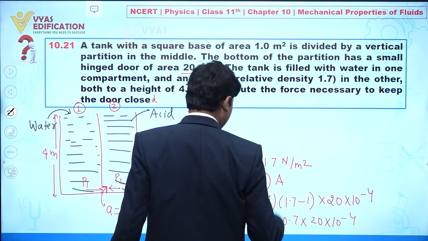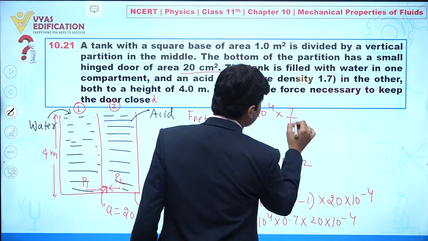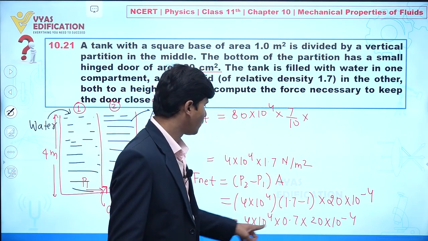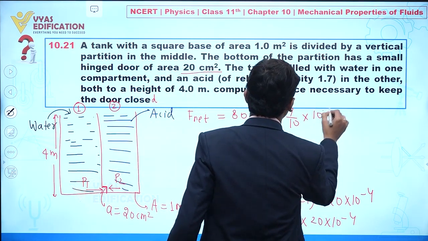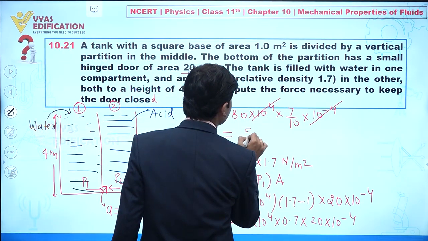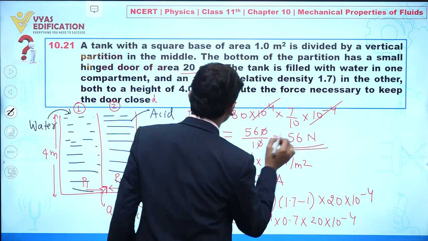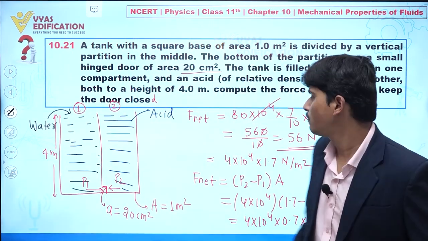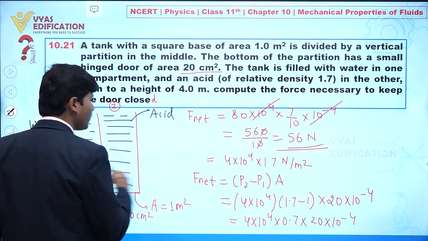If you multiply, this is 80 into 10 to the power 4 into 7 by 10, and the 10 to the power 4 and 10 to the power minus 4 cancel out. Dividing by 10, this is equal to 56 Newton. So the net force exerted on this hinged door is 56 Newton, and definitely this force is more from the acid side.